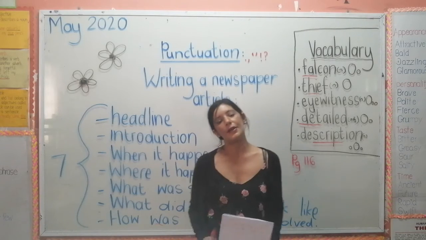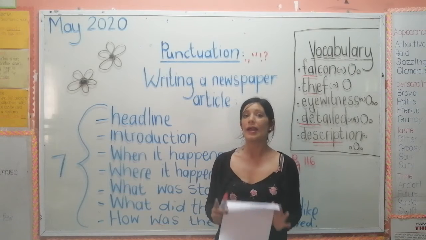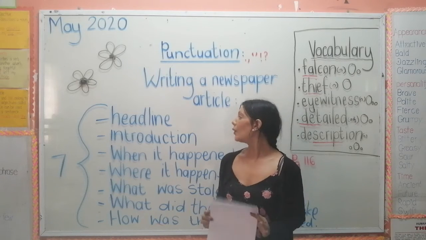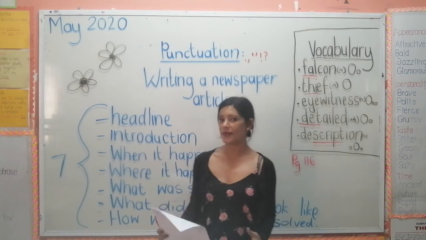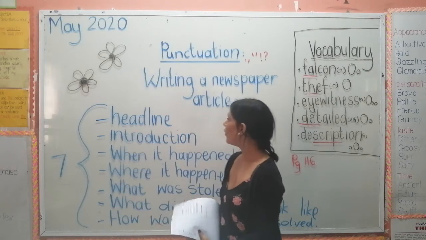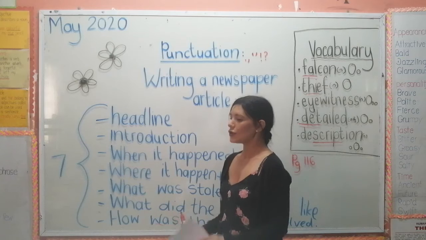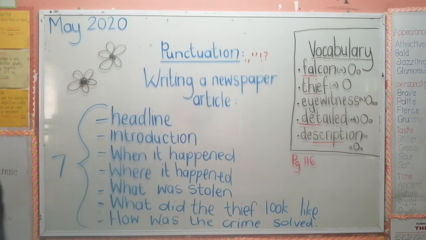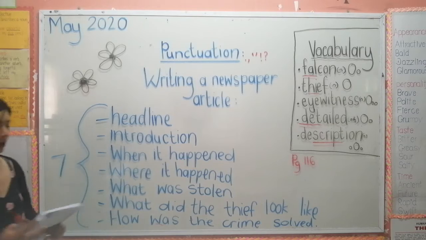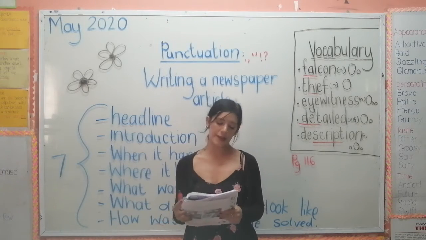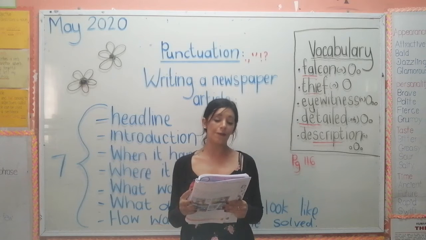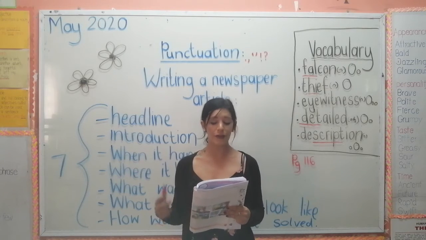A newspaper article needs to have 7 important sections in order for it to be captivating and informative. We need to have firstly a headline. So if you look at page 116, let me just get the book. The title or the headline of the newspaper article is called The Golden Falcon Flies Home.